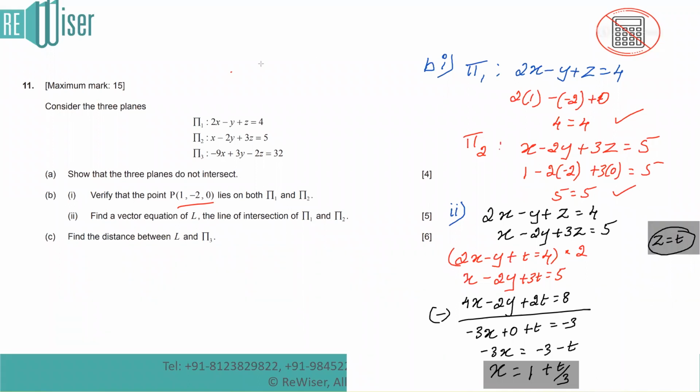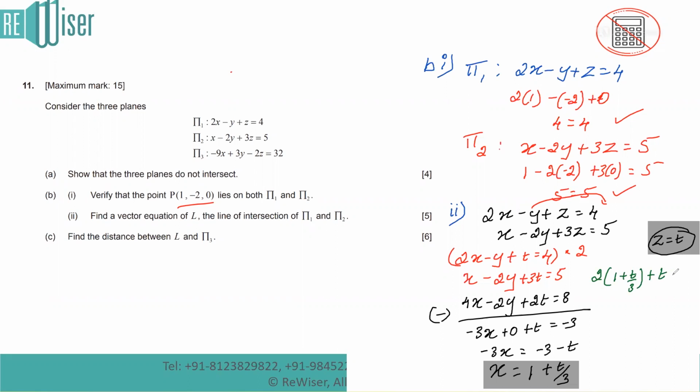So we need to figure out now what y is in terms of t. I'm going to substitute it in the first equation. I'll take y to the right hand side and 4 to the left hand side. So it's going to be 2x, where x is nothing but 1 plus t by 3, plus z, which is just t.